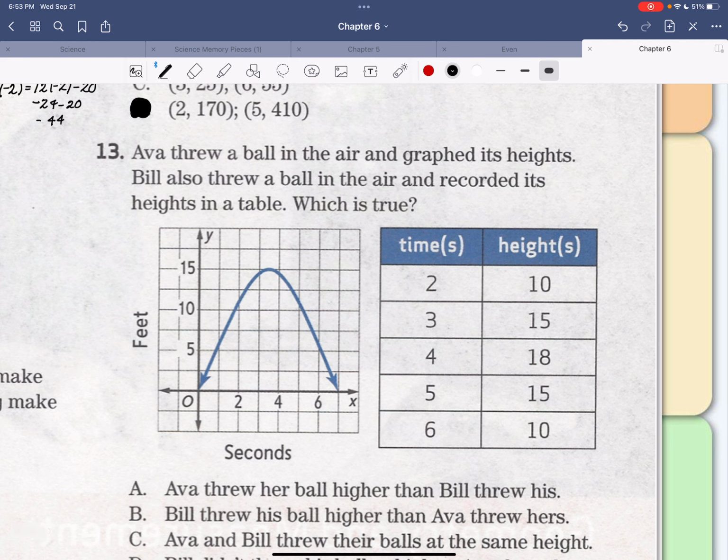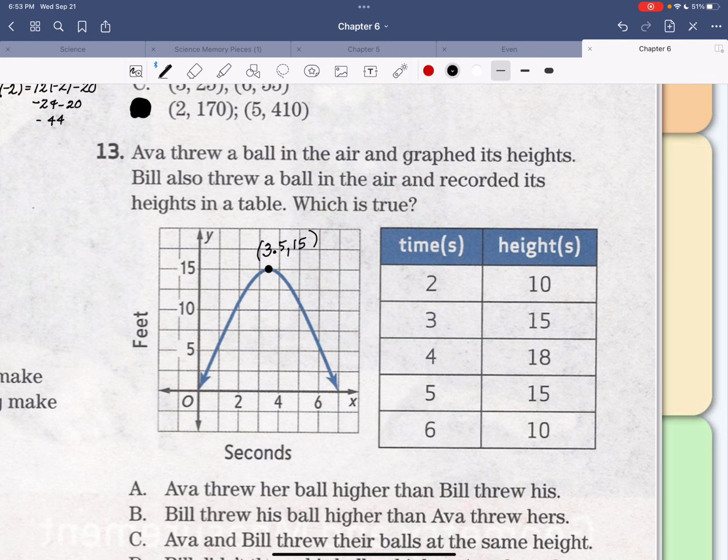Well, Ava threw the ball from 0, 0. It reached a maximum right there. So that is point 3.5 for the x value and 15 for the y value.